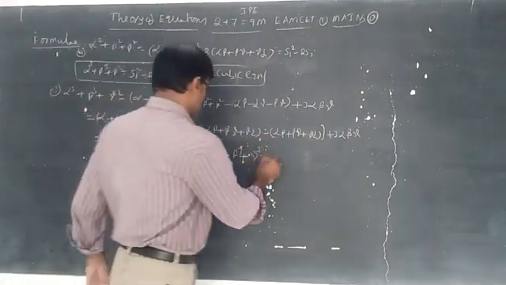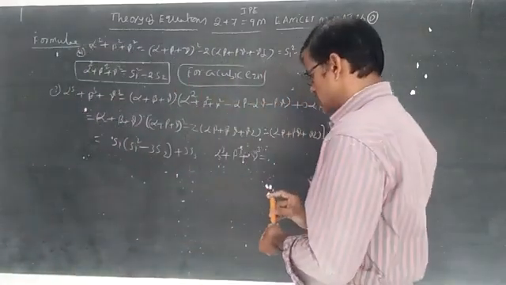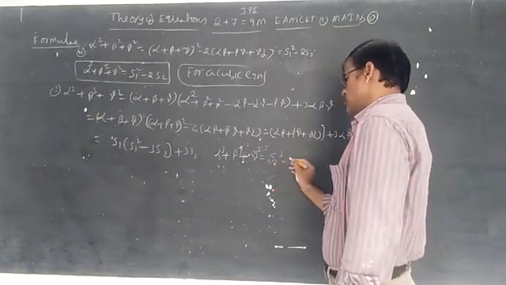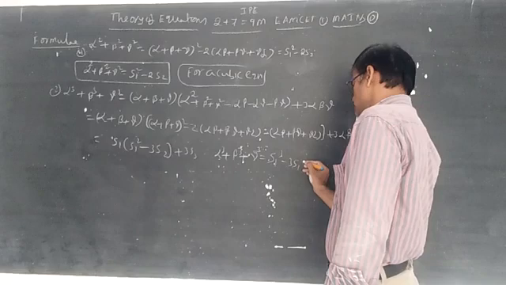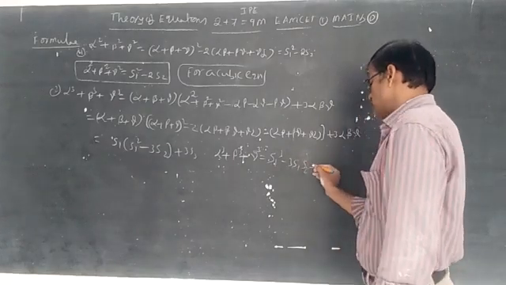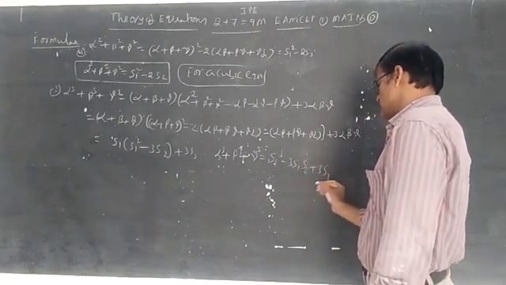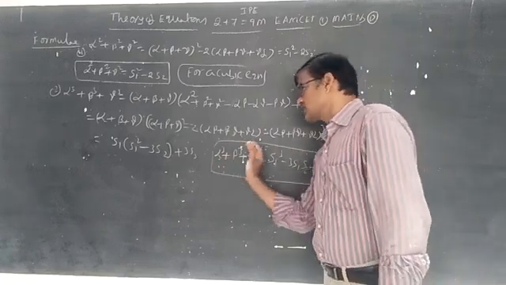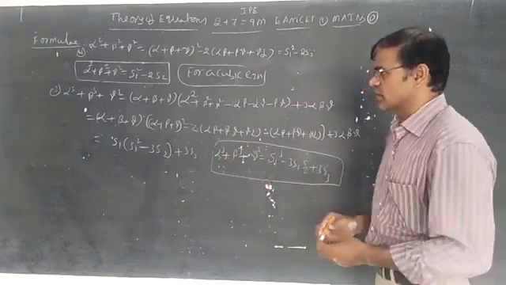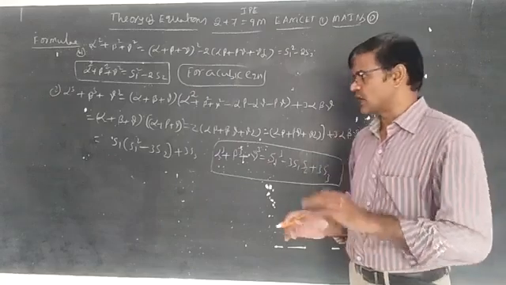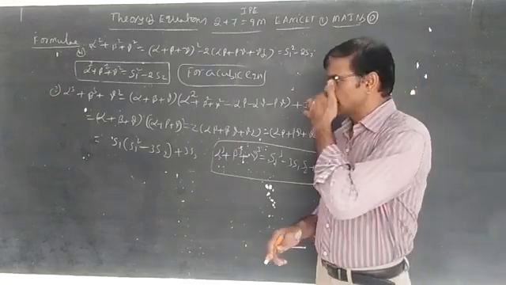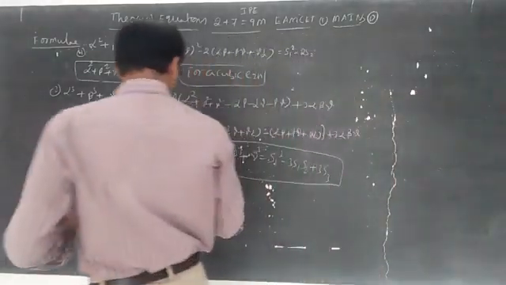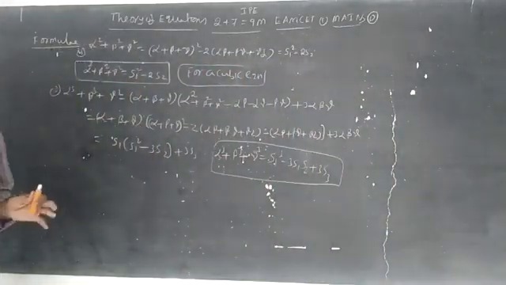Alpha cube plus beta cube plus gamma cube is equal to s1 cube minus 3s1 s2 plus 3s3. This is the formula. Until here only it is useful, no need to calculate alpha power 4 plus beta power 4 plus gamma power 4. It is for MSET only, that is Newton formula, we'll see later. This is alpha cube plus beta cube plus gamma cube, we got this formula.